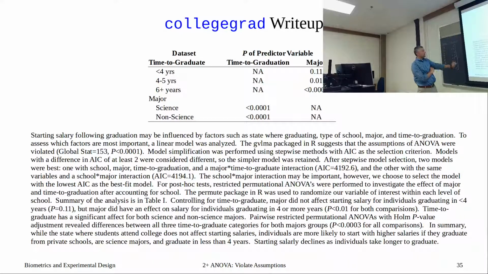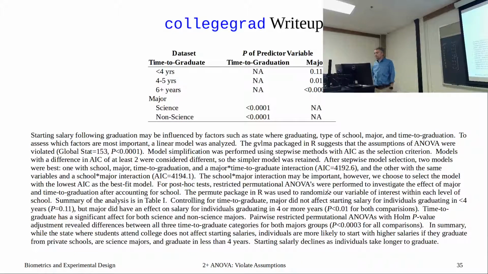All right, so where did we leave off? Right here: summary of analysis is in Table 1. Controlling for time to graduation, major did not affect starting salary for individuals graduating in less than 4 years, but major blah blah blah. So again, we talk about pairwise restricted permutations, and we talked about Holm p-value adjustment because that's what we did for the post hoc test.